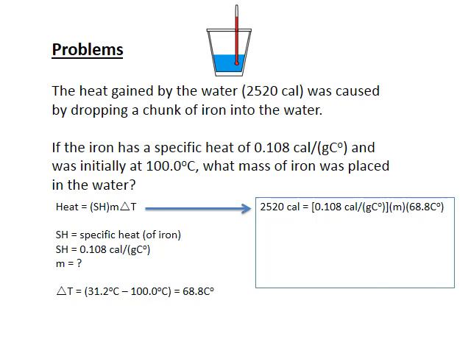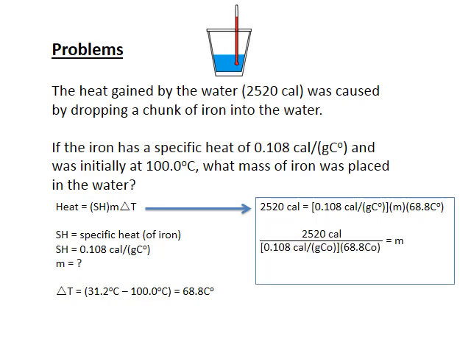So I'm going with a magnitude of 68.8 degrees Celsius change, and if I plug that into my specific heat equation, I know the heat that was lost by the metal. It was 2,520 calories. I know the specific heat of the metal. I don't know the mass, and I know the temperature change. So if I rearrange this equation by dividing both sides by 0.108 calories per gram degree Celsius and 68.8 degrees Celsius, then the mass will be left all alone.